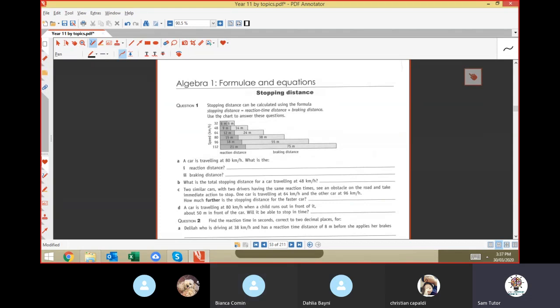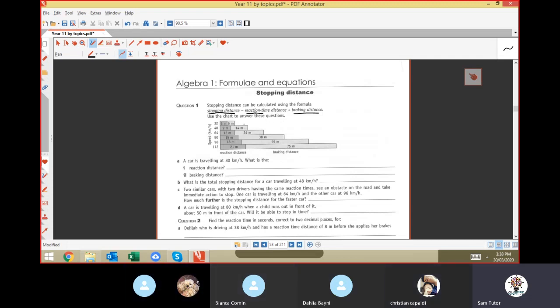If you were driving and all of a sudden you had to brake, the stopping distance would equal the reaction time it took you to realize to brake, plus the actual braking distance, by the time the car actually stops. Do we understand that firstly from a logical point of view? Yeah. All right.